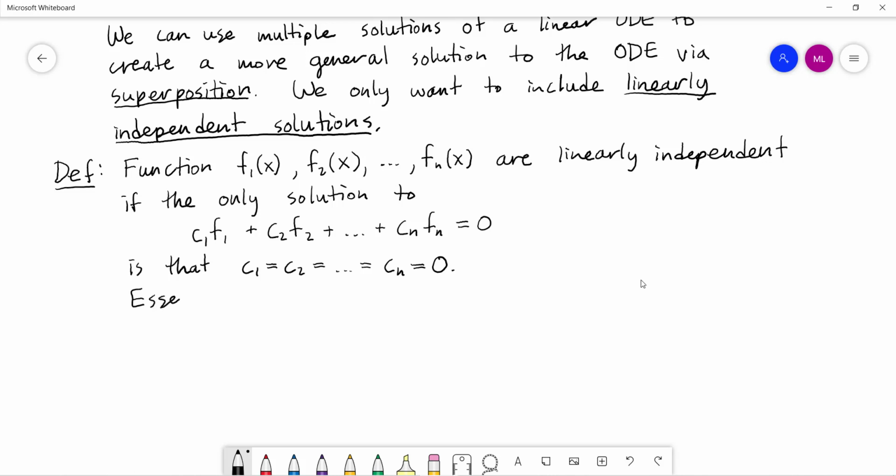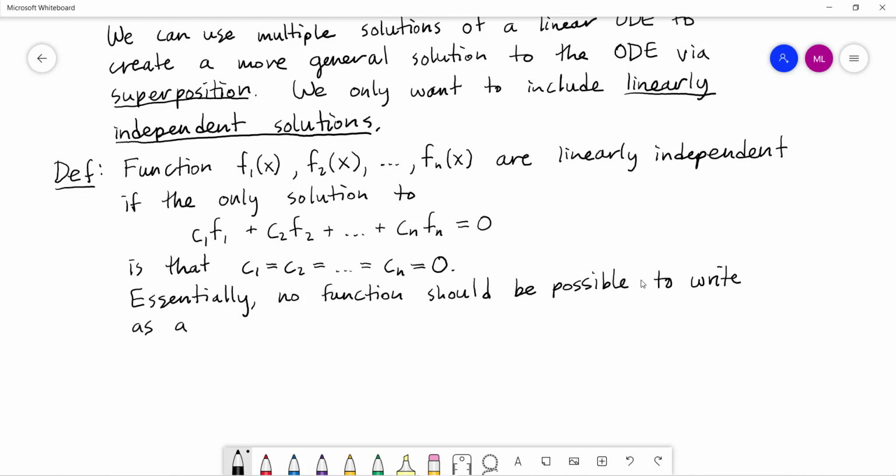So essentially, no function should be possible to write as a linear combination of the others.